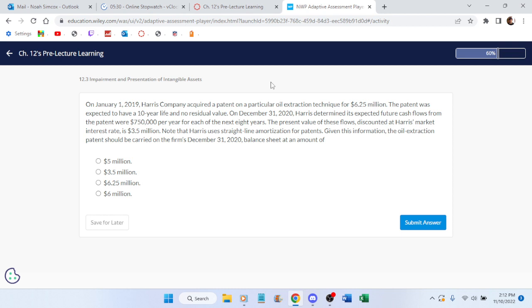Oh, come on. Why do we keep giving us math questions? What are we trying to do here? The oil extraction patents should be carried at the amount of what? 6.25 million.